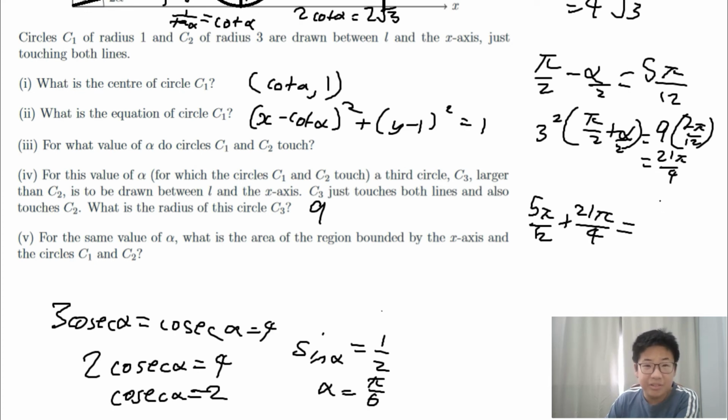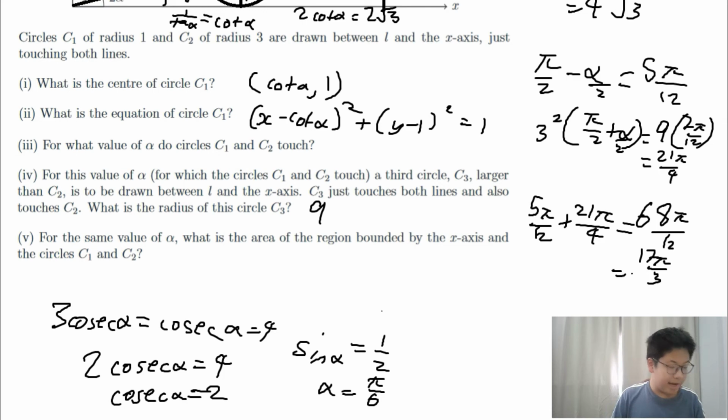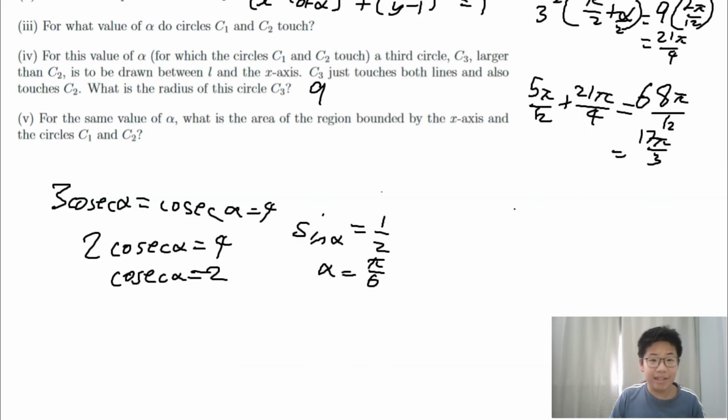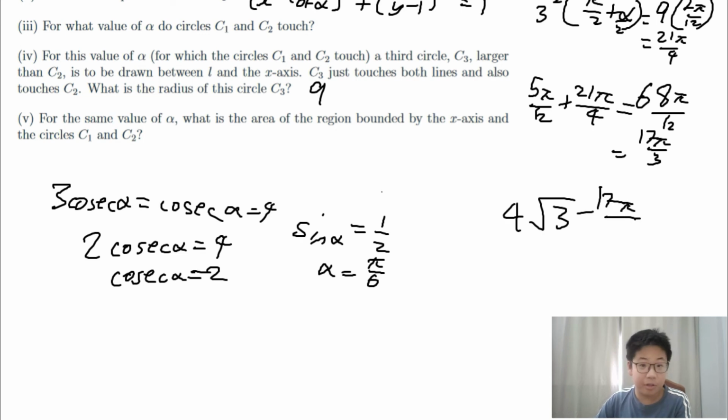This is a difficult one, 68 pi over 12, which equals 17 pi over 3, which means that we now have the answer to be 4 square root of 3 minus 17 pi over 3.